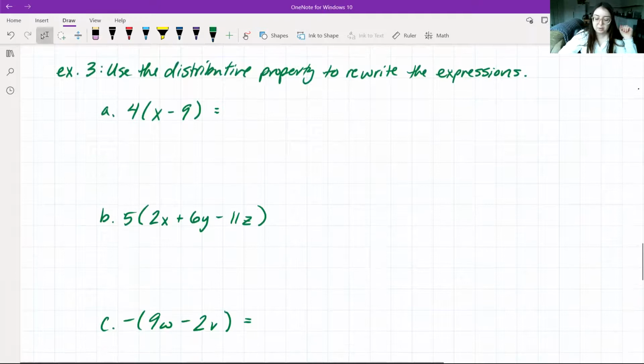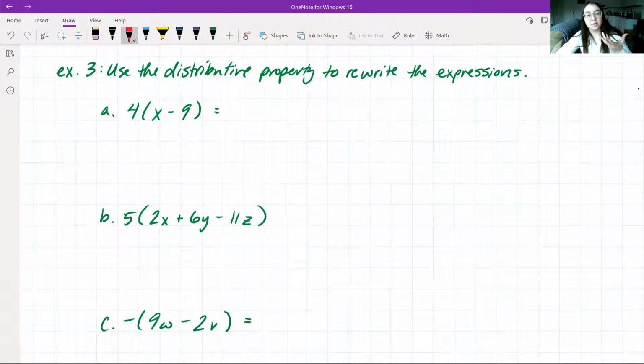For example 3, we want to use the distributive property to rewrite our expressions. In part A, we have 4 times (x minus 9), and now we want to distribute. We're going to distribute this 4 to get our first term, 4 times x.